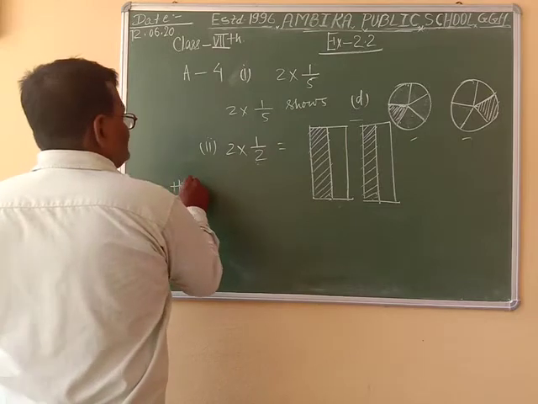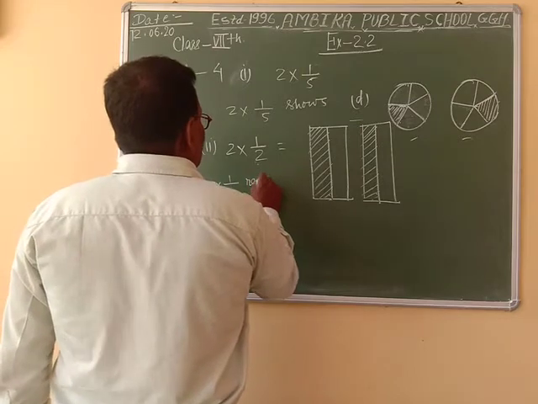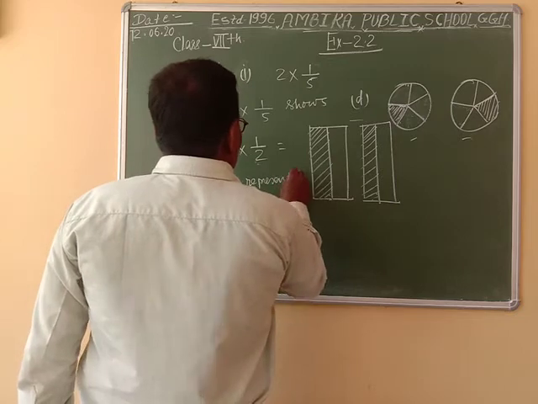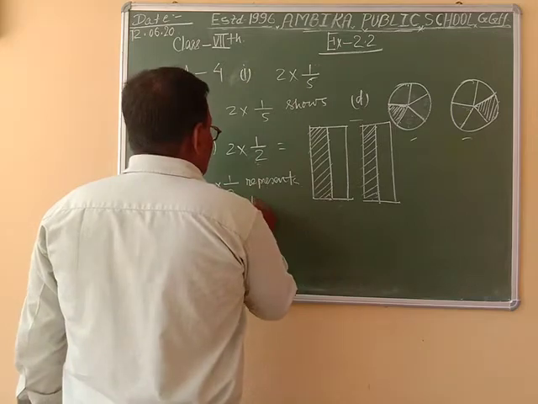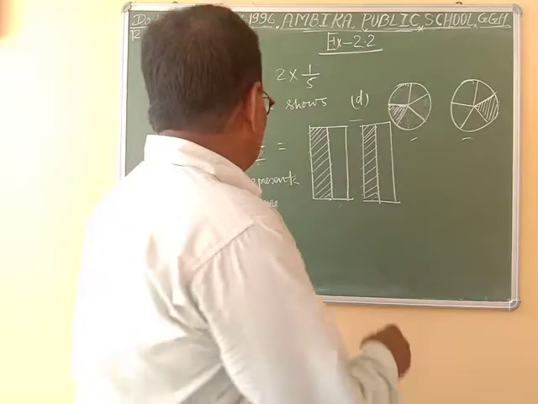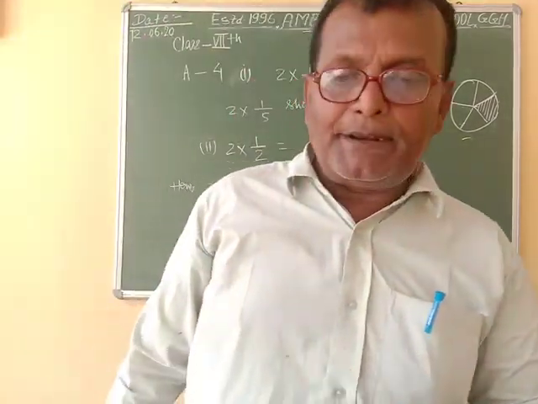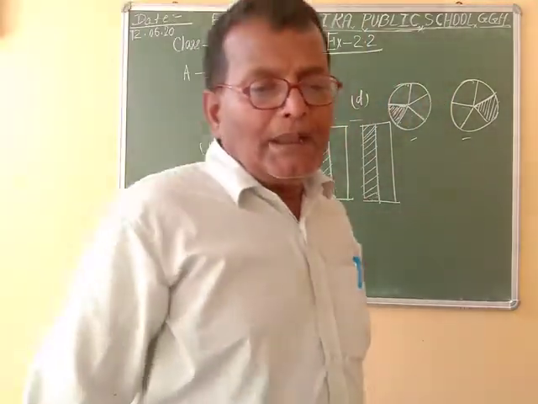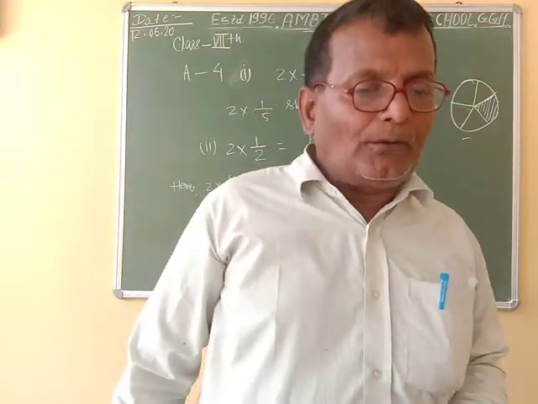Hence 2 into 1/2 represents figure B. Question number 4. And similarly, you can represent C and D of question number 4.